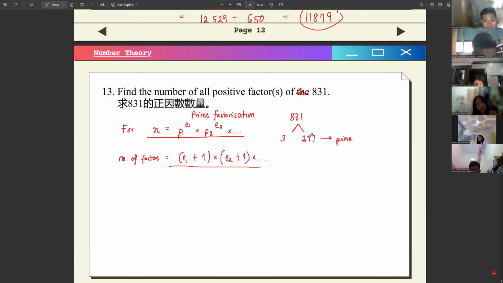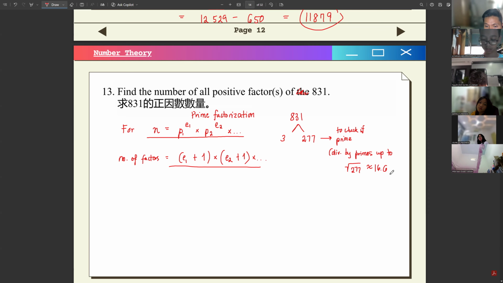One way of checking if this is a prime is you can just divide by the prime numbers. To check if prime, divide by the prime numbers up to its square root. The square root of 277 is around 16.6.